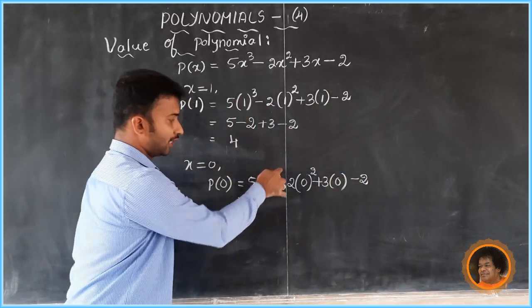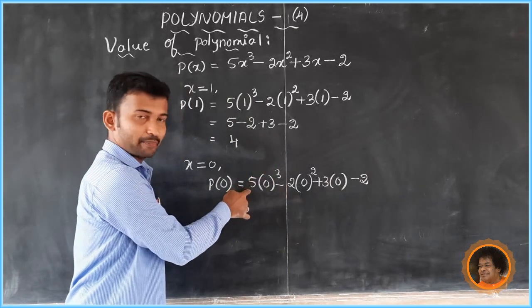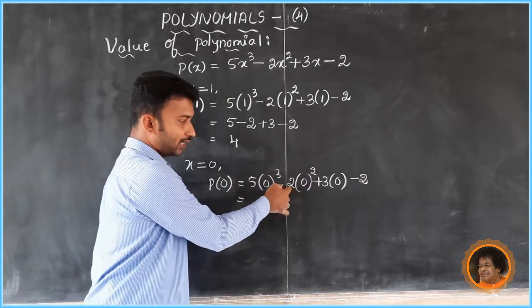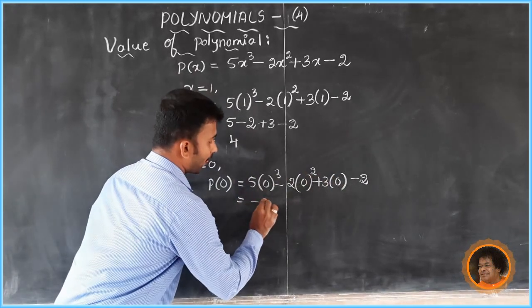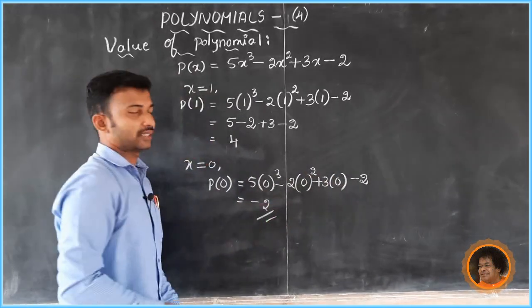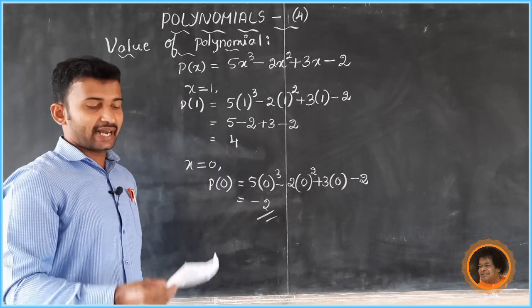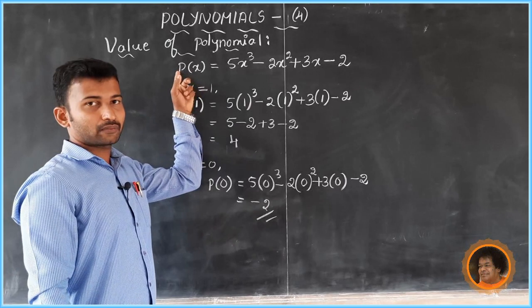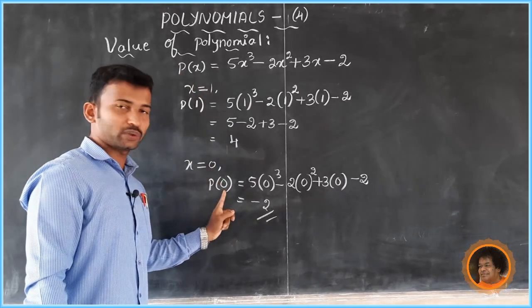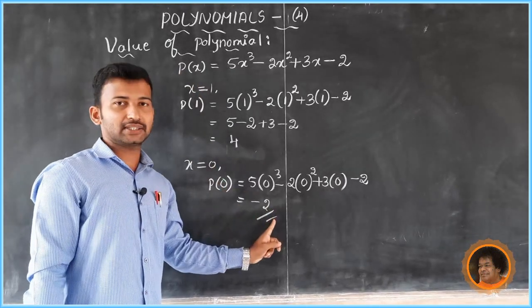Simplify: 0 into any number is 0, so minus 2 is the answer. So we say that the value of p of x at x is equal to 0 is minus 2.